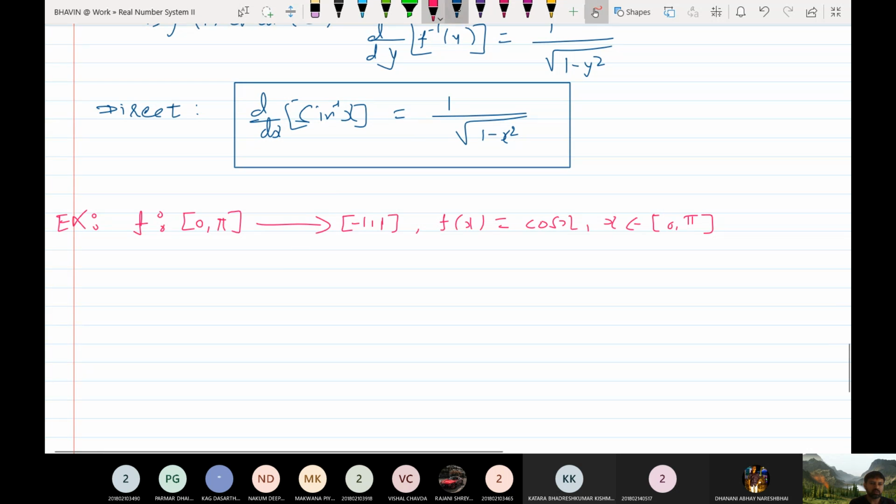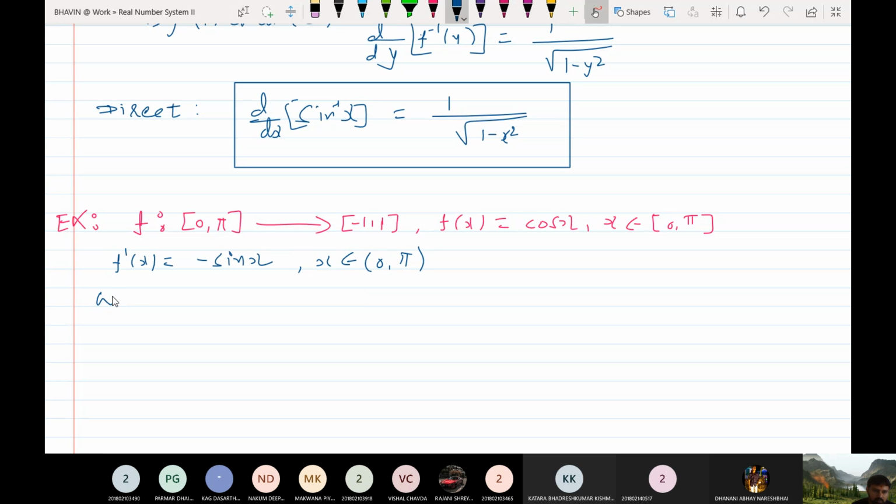Then what is the derivative of f? The derivative of the cos function is minus sin x. Okay. So now where x belongs to 0 to pi. Okay. Look at this.